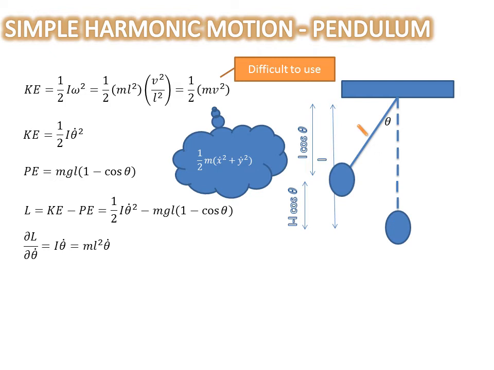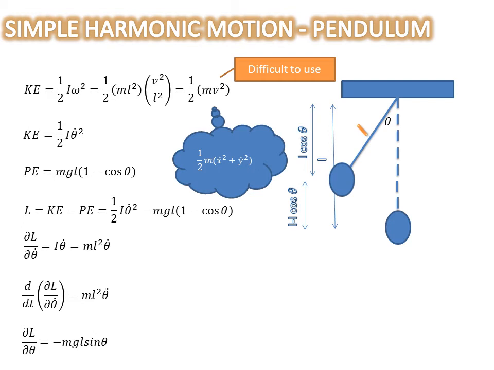So the total derivative of m l squared theta dot with respect to time is m l squared theta double dot. Now the partial derivative again of the Lagrangian with respect to theta is minus m g l sine theta, because the derivative of cosine theta is minus sine theta.